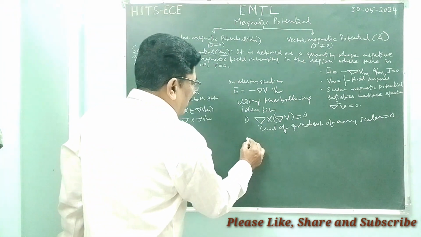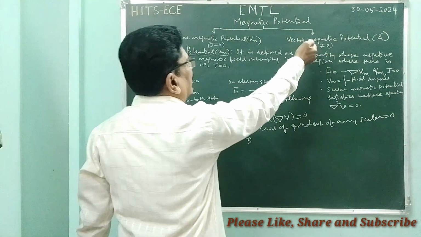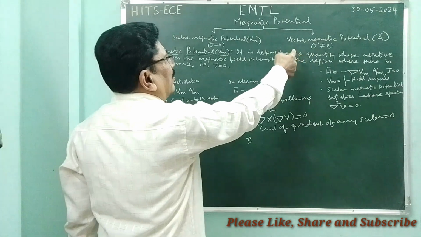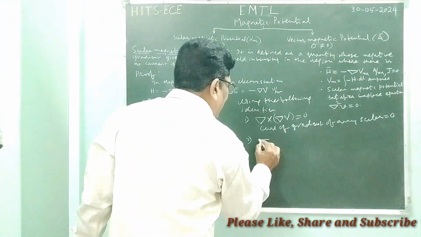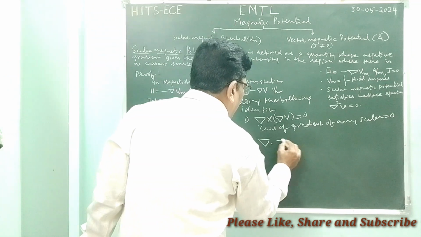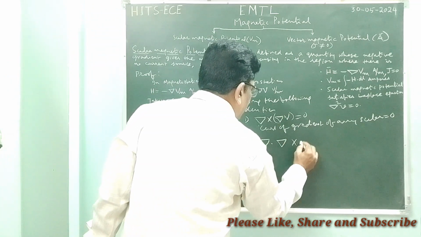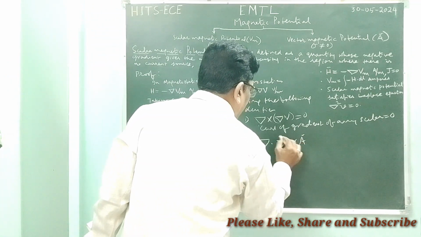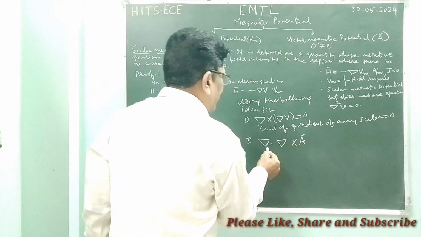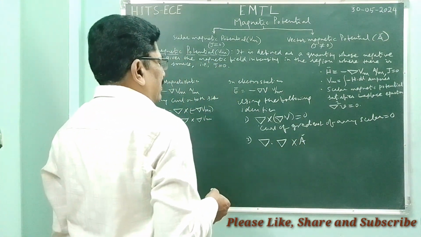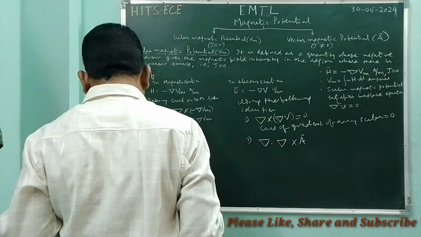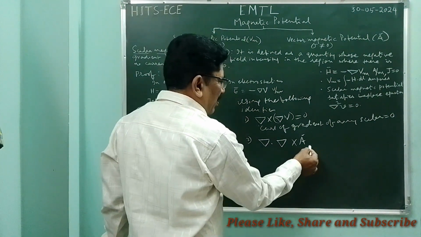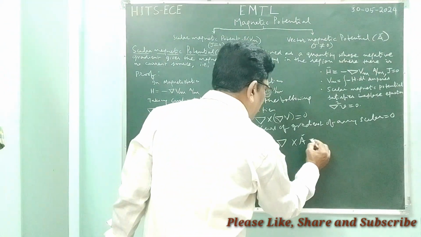Another identity, which we will use for this vector magnetic potential, is del dot del cross A, that is divergence of curl of any vector A is equal to 0.